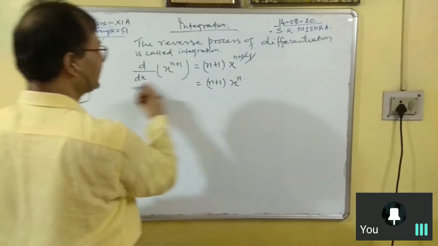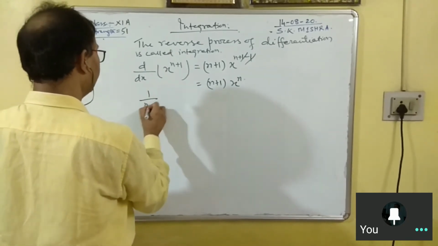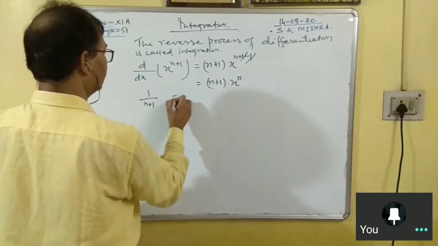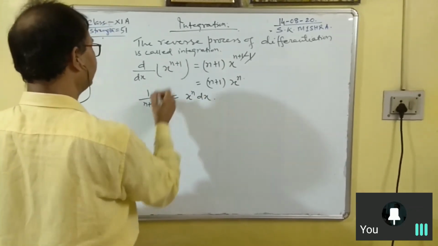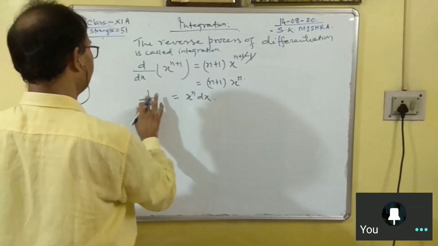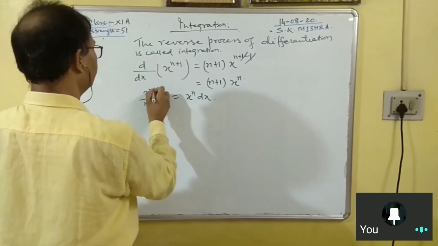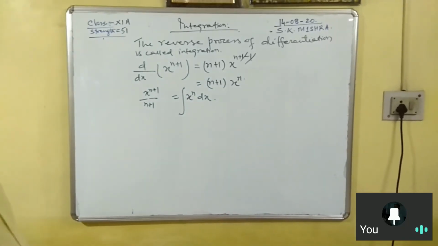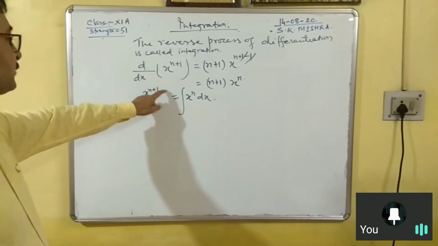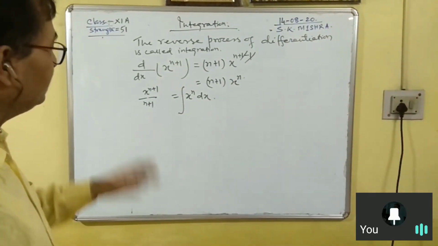Now dx can be transferred to this side, and 1 by n plus 1 as well, and here it is x^n dx, and this side it is x^(n+1). If you apply an integration sign, integration of x^n dx is nothing but x^(n+1) by n plus 1.